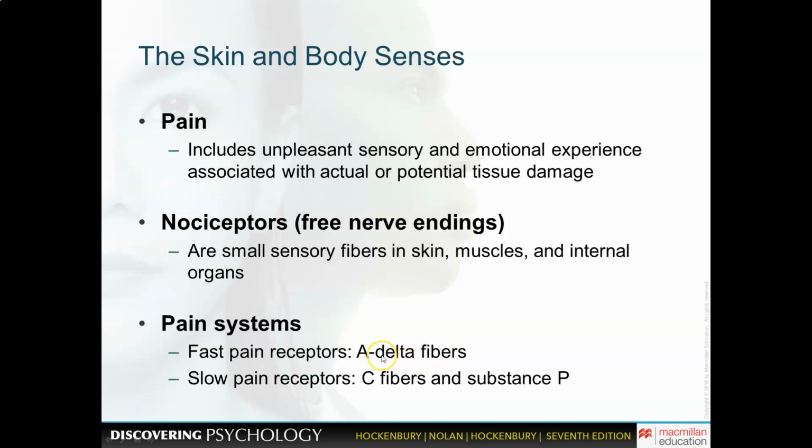But later on, after you got yourself burned, you may notice it's still kind of a hurty feeling. You might have a throbby, hurty feeling. That is your C fibers. Don't worry about substance P, just C fibers. Those are our slow pain receptors. That is when we feel pain later on. We tend to still ache after we were injured.